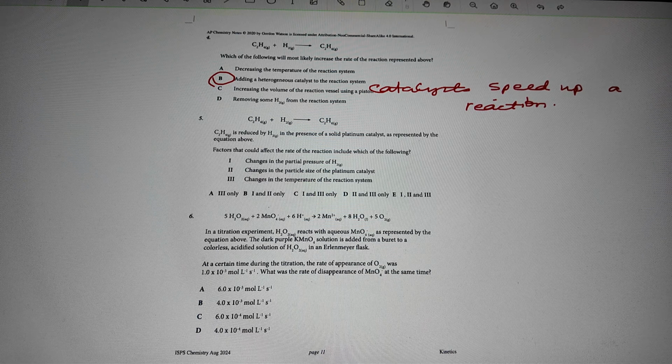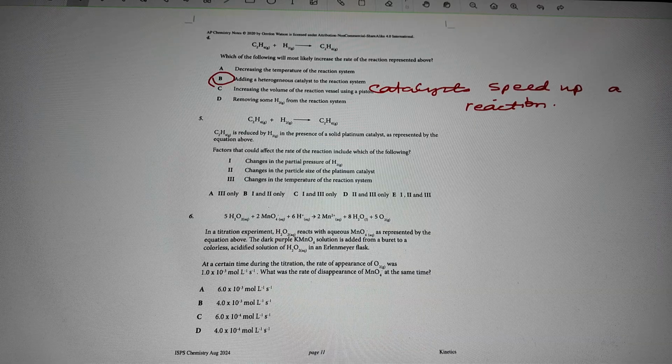C2H4 plus H2 equals C2H6. C2H4 is reduced by H2 in the presence of solid platinum catalyst. So they're adding a catalyst here, represented by the equation above. Factors that could affect the rate of the reaction include which of the following?